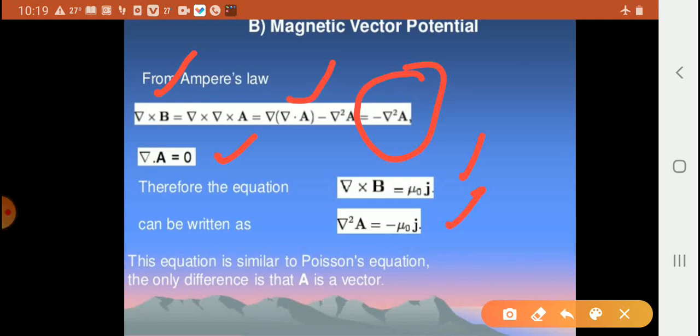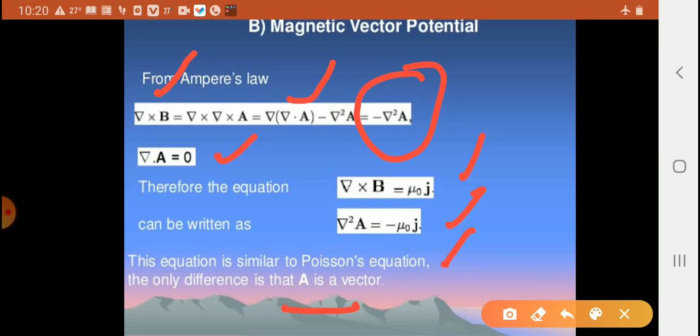This equation is similar to the Poisson equation, the only difference being that A is a vector.